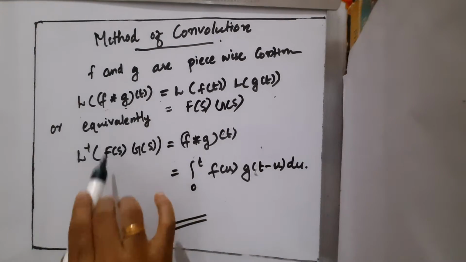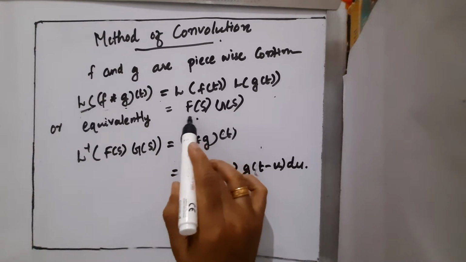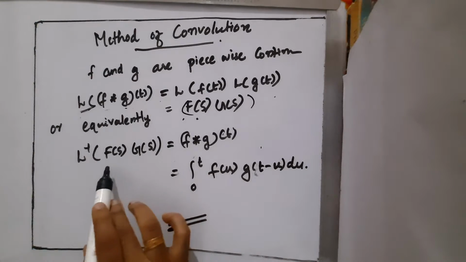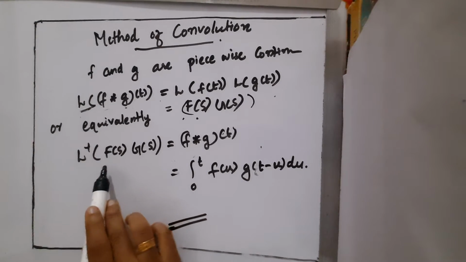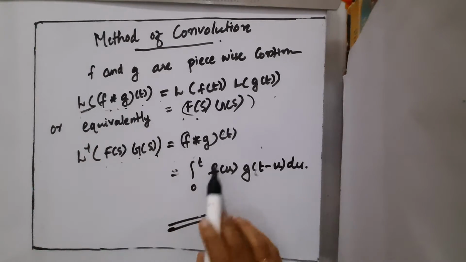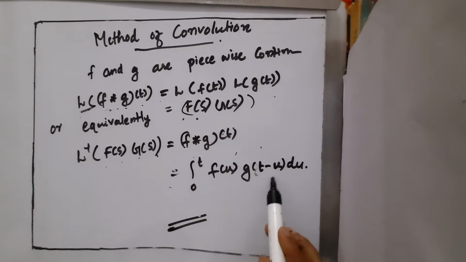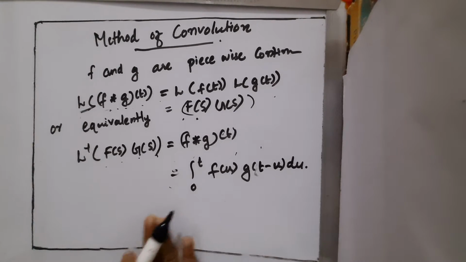Then equivalently we can write it as Laplace inverse. Laplace can be taken this side. Laplace inverse of f of s into g of s is equal to f star g of t, that's equal to the integral from 0 to t of f of u into g of t minus u du. It's a very clear definition.